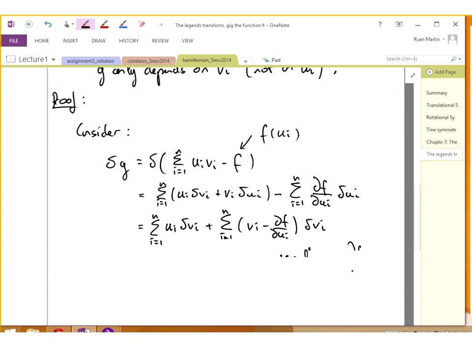Recall the definition: v_i is actually defined to be the partial of f with respect to u_i. Hence that last term is equal to 0.